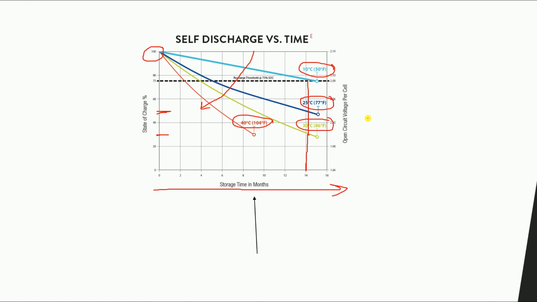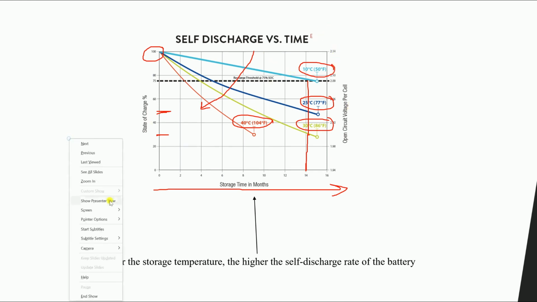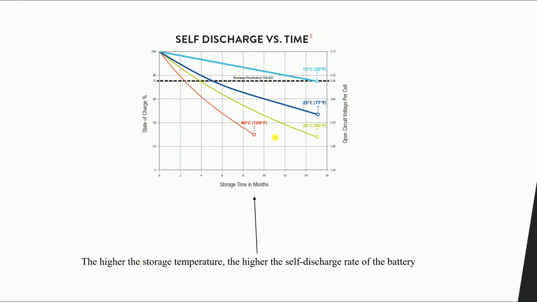This will help us to extend the lifetime of the battery or reduce the self-discharge inside the batteries themselves. At 40 Celsius degree, you can see that self-discharge is very fast. So the higher the temperature, the higher the self-discharge.